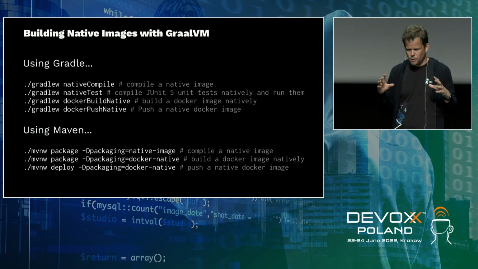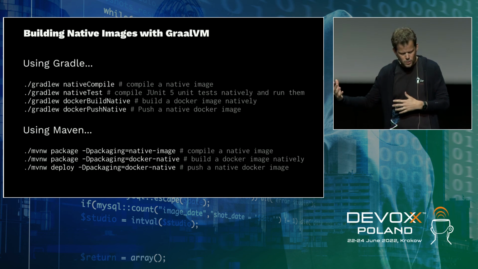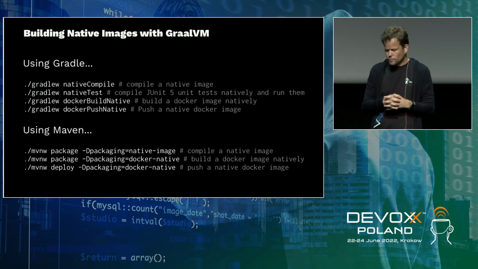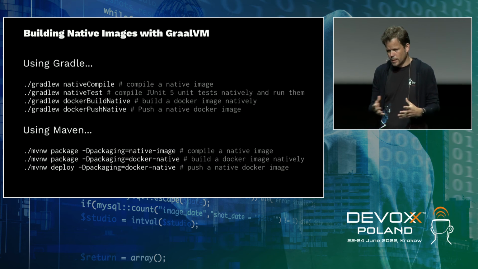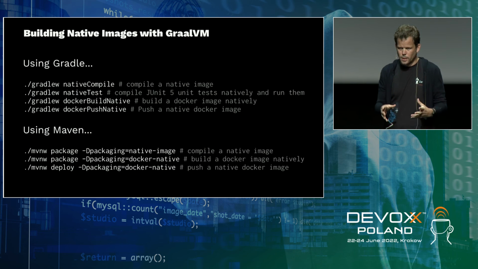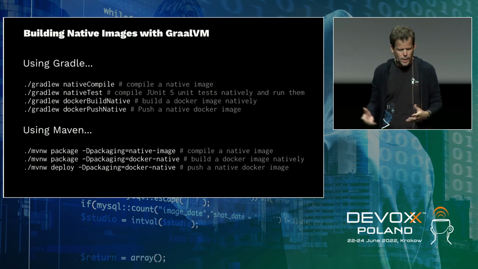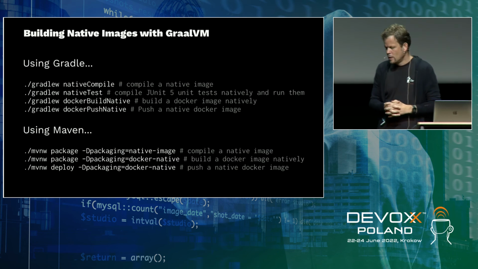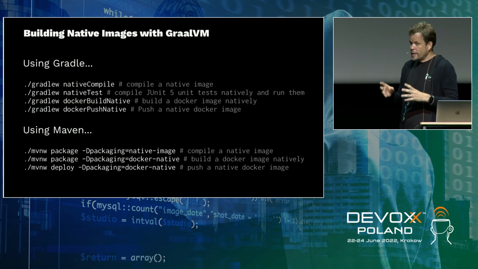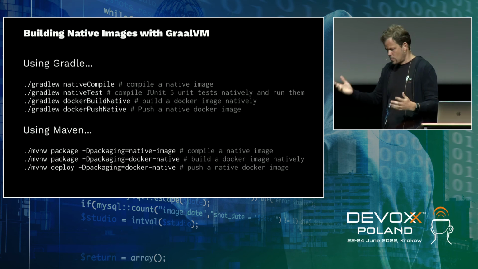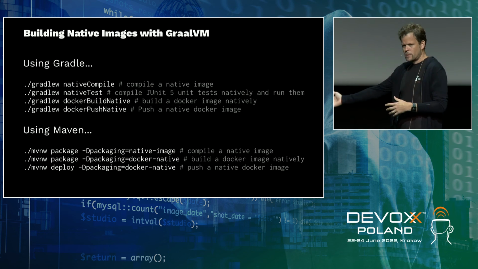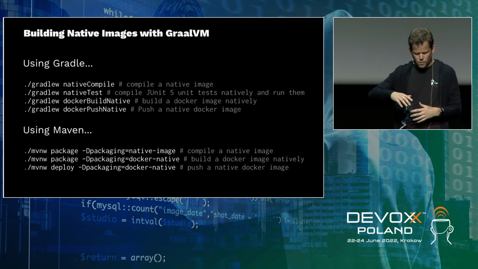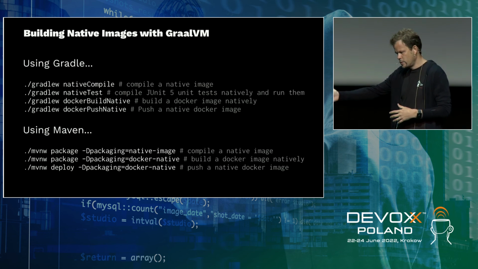So you can type Gradle W, Docker build native, and it will construct a native image inside of a Docker container using a Linux base image. And that you can deploy to the cloud, right? Or you can push it to a container registry. So if you're using Kubernetes or whatever, you can do Docker push native and push to a container registry.